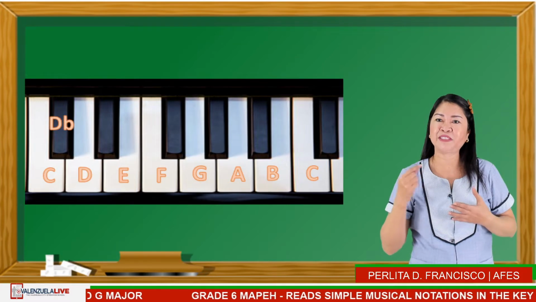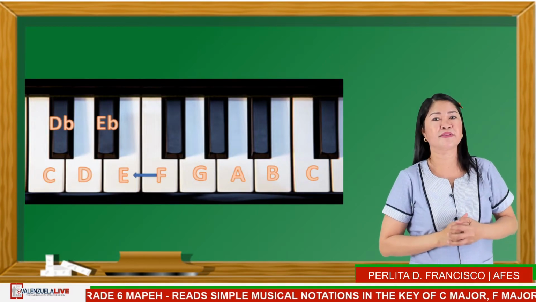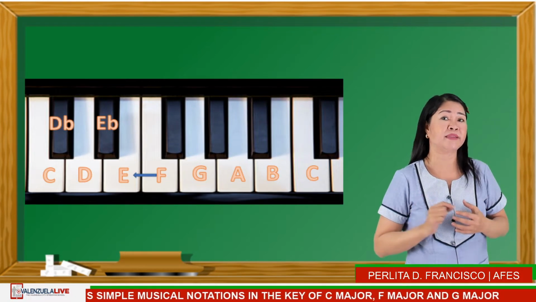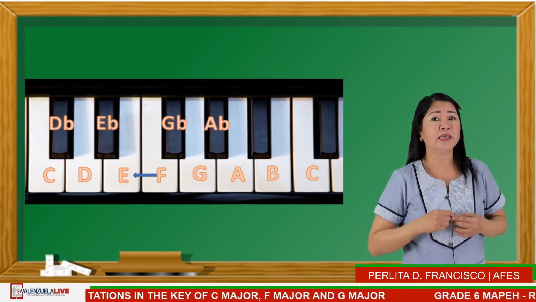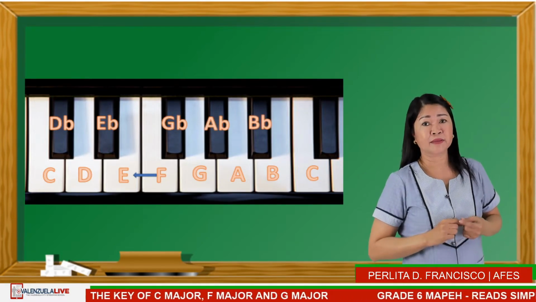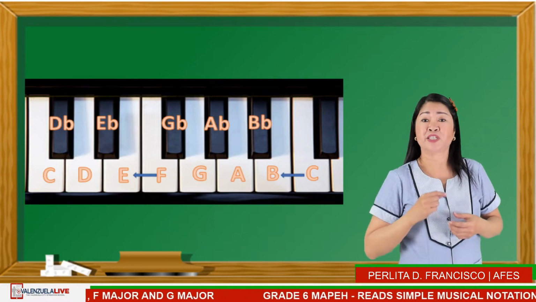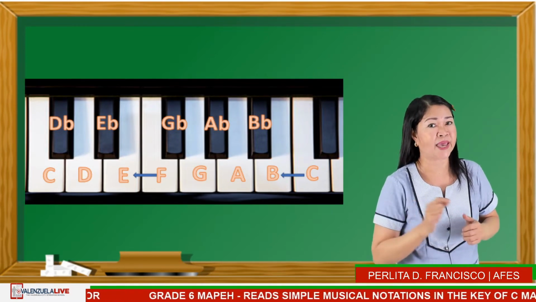For example, D becomes D flat, E becomes E flat, F becomes E because there is no black key between E and F. G becomes G flat, A becomes A flat, B becomes B flat, and C becomes B since there is no black key between B and C.